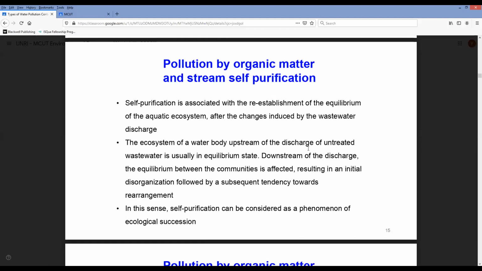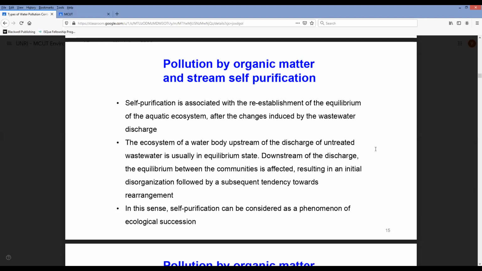First we are going to talk about pollution by organic matter and stream self purification. Self purification is associated with the establishment of the equilibrium of the aquatic ecosystem after the change induced by the wastewater discharge. This is a definition of self purification. The ecosystem of the water body upstream of the discharge of untreated wastewater is usually in an equilibrium state.